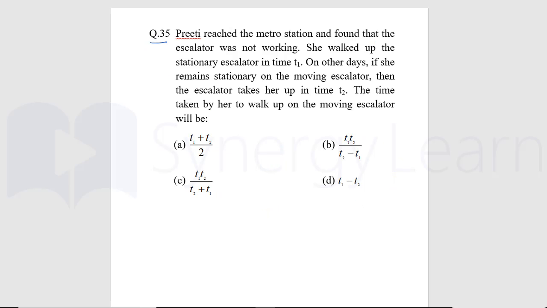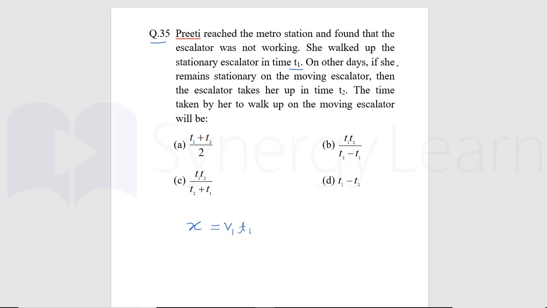In question number 35, it reads, Preeti reached the metro station and found that the escalator was not working. She walked up the stationary escalator in time t1. So let the distance moved on the escalator be x. So x is equal to, let speed be v1 and time be t1.